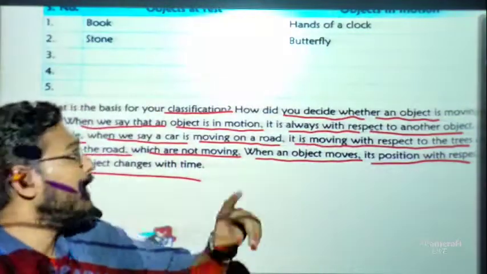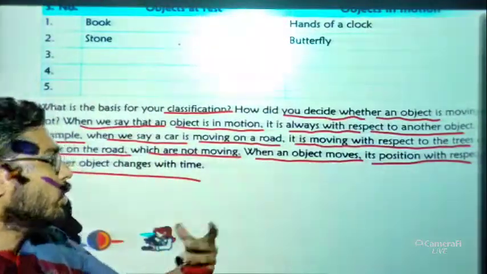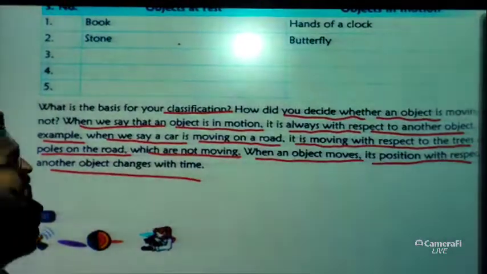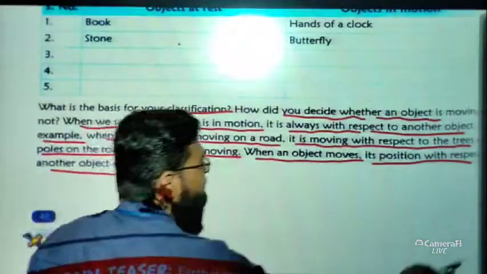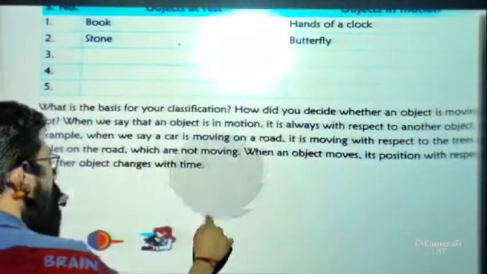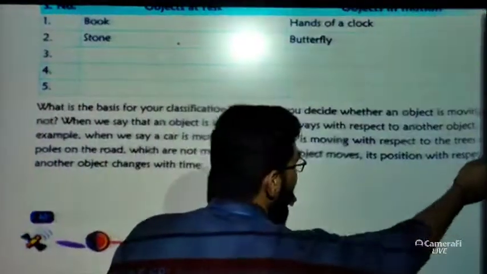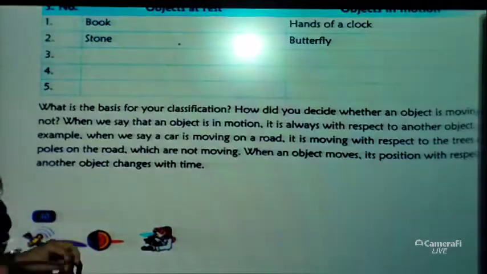So according to your friend, you are an object at rest. So it will depend, and we need to take a reference frame, or do it with respect to some other point. This is a very important thing: something moving for one person may be at rest with respect to another person.